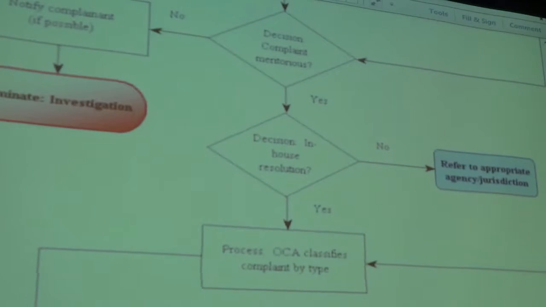And so again, you can look at that in terms of process, in terms of key performance indicators. Out of the total number of inquiries made to OCA, how many of them have merit, how many of them don't, and how many of them are referred to an outside agency.